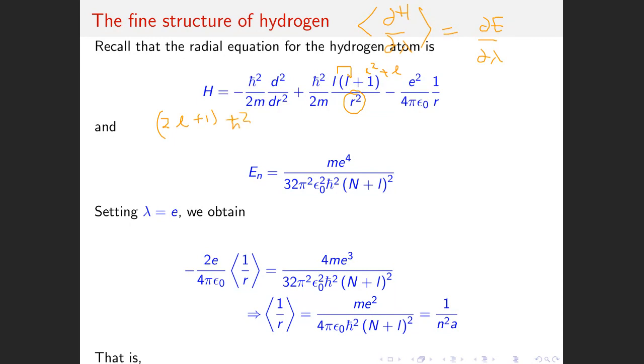This is ħ² over 2m, 1 over r². And then differentiate this energy with respect to L. This will give you me⁴ over 2(4π ε₀)² ħ² (n plus L). With respect to L, this will give you a cubed minus 2.